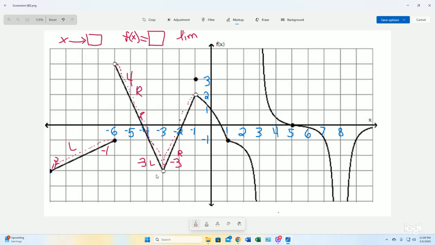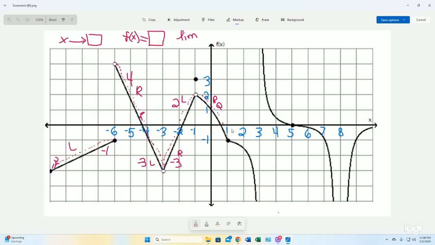So even though I have an open circle here, I'm not going to jump. I'm just going to follow until I reach exactly -1. At this value, I look straight across, and I see 2. So from the left side, I see 2. And I go the same process in this direction. Walk. And from the right-hand side, I also see 2.